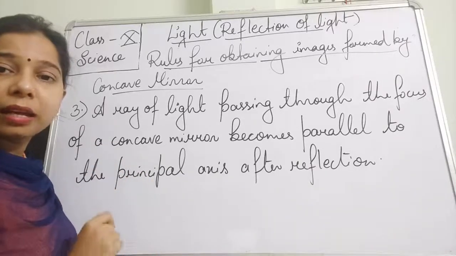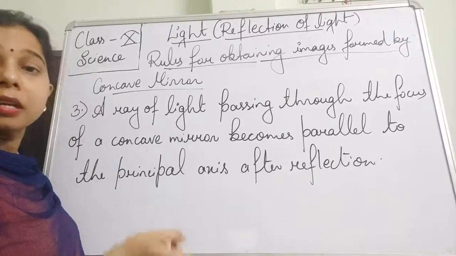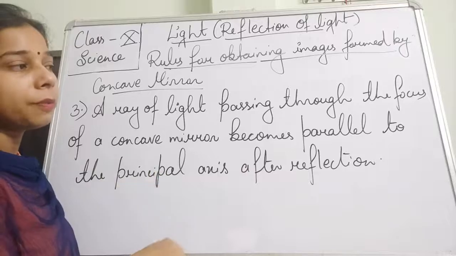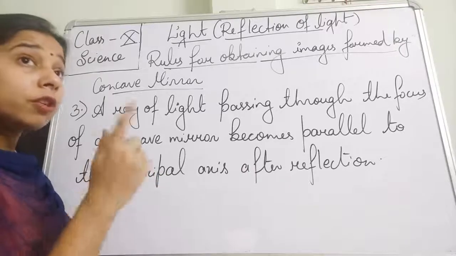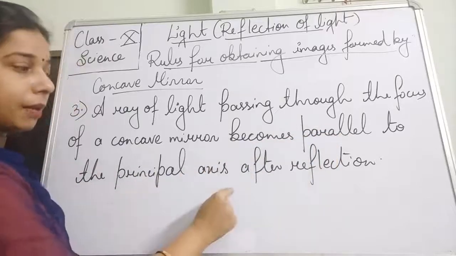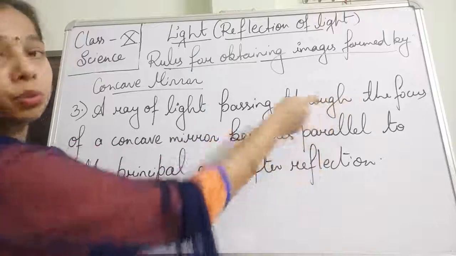So if a ray of light passes through the principal focus, after reflection it will become parallel to the principal axis. Now you will find that the first rule was when a beam of light parallel to the principal axis, after reflection, passes through the focus.